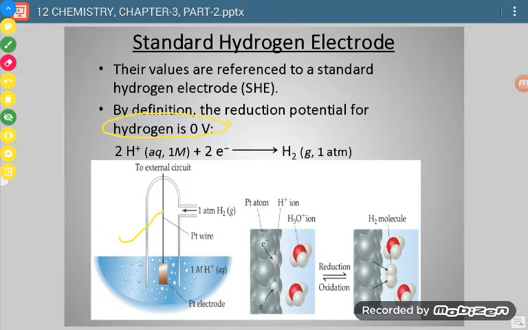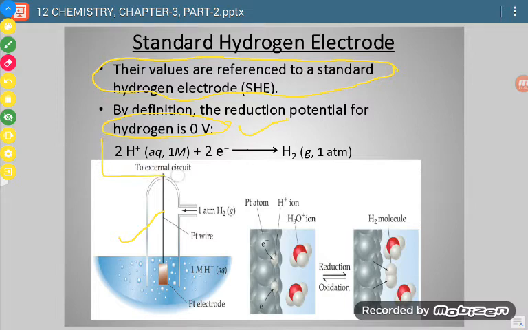All other values which are measured by using this are termed as referenced to SHE. Referenced to SHE means that in relation to SHE those values have been determined. For SHE the value is taken as 0, and by connecting with this half cell we can find out the value of the electrode potential for the other half cell.